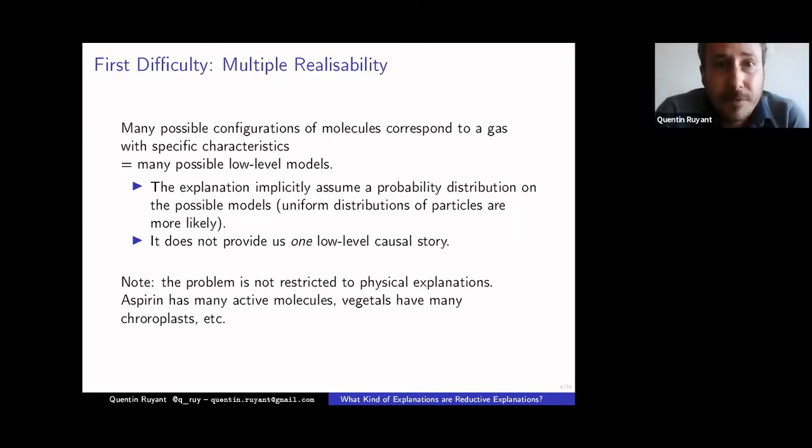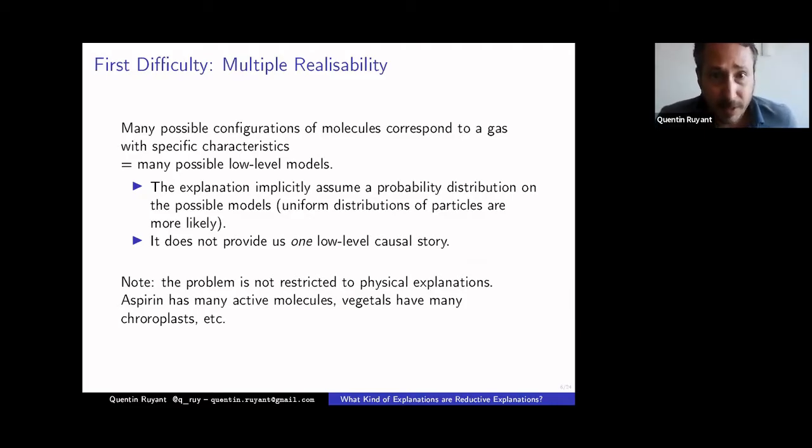But a first difficulty is that there are many possible configurations of molecules corresponding to a gas with specific high-level characteristics. So this is multiple realizability. If I give you a high-level description, you could give me many possible low-level models corresponding to various configurations of the gas.